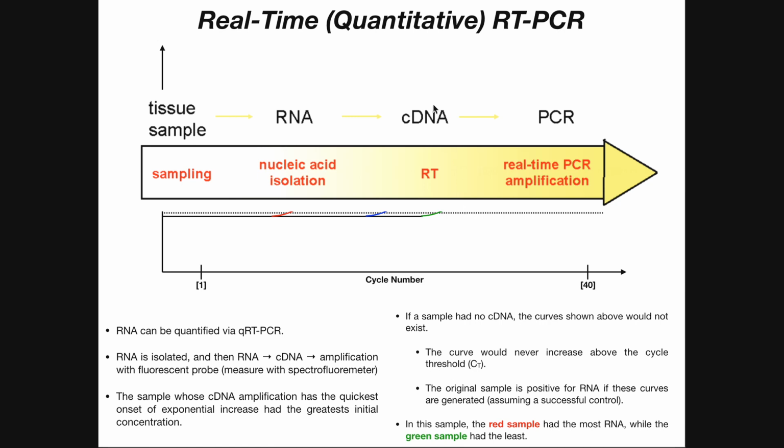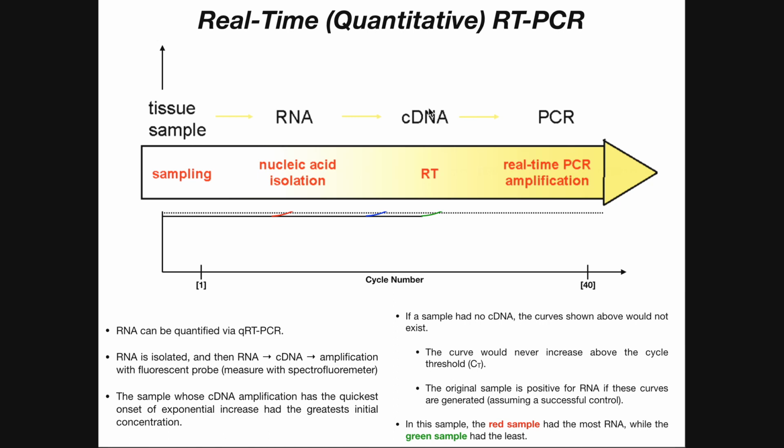What I really want to focus on, though, is this amplification of this viral cDNA by real-time PCR. And the reason I want to focus on this is that it's actually what's going to allow the machine that measures this to ultimately determine how much of the DNA there was in the sample. And we need to think about this going backwards. Okay?